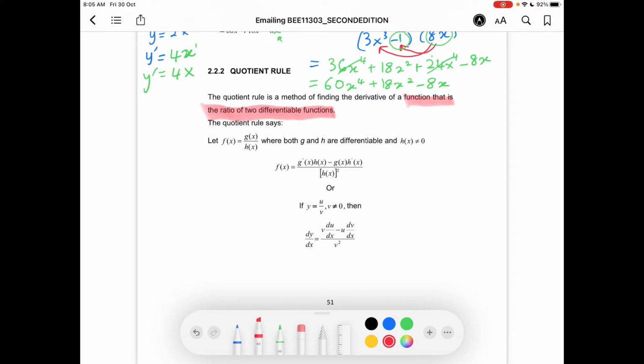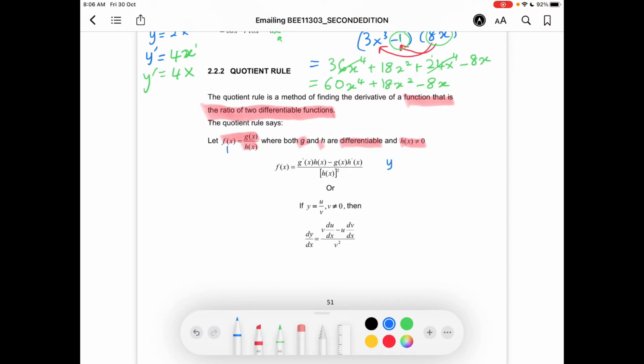So if we have f(x) equals g(x) over h(x), where g and h are differentiable, and h(x) must not equal 0, then we can apply the quotient rule. We can write it down like this.